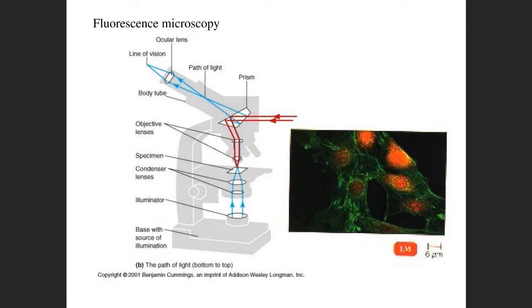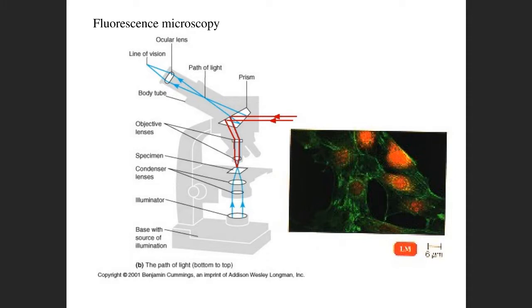So for example, we're looking at the actin filaments here, and then you shine the light on it, and you actually get the green fluorescent light. And this fluorescent light is very weak, and so you will need a black background, so this weak fluorescent light can come out.